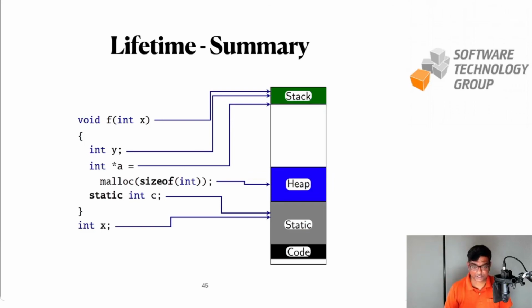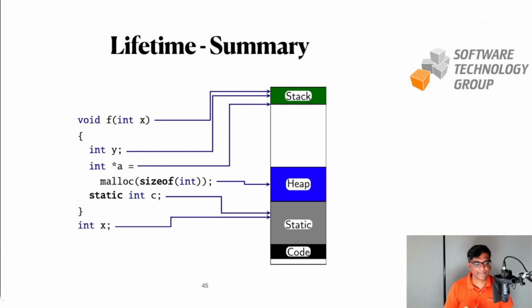Now the memory location of the parameter x will be in the stack. Int y, which is a local variable, will also be in the stack. Now star a, the pointer which has the address to another location, will be stored in the stack, but what a holds, the memory location, will point to memory in the heap, where the value pointed to by the memory location stored in a will be.